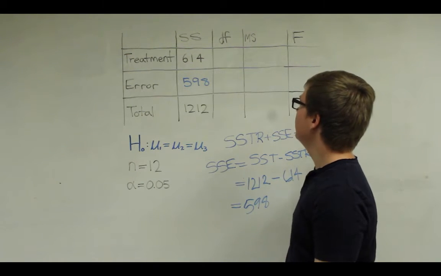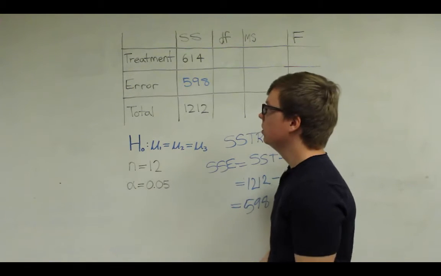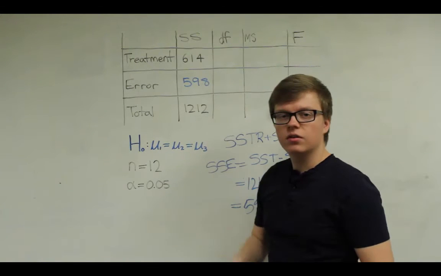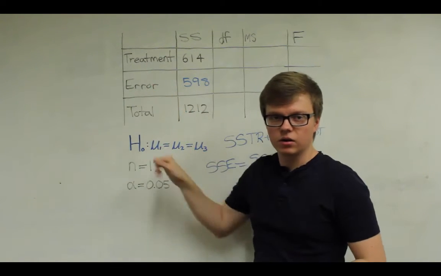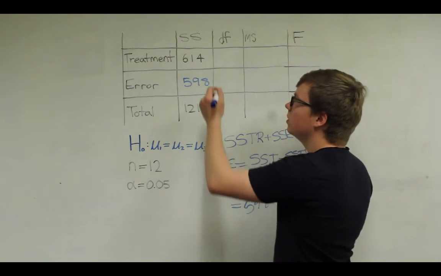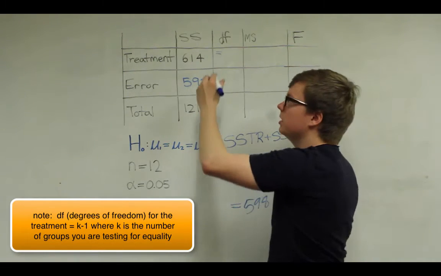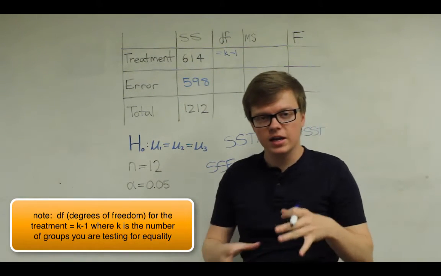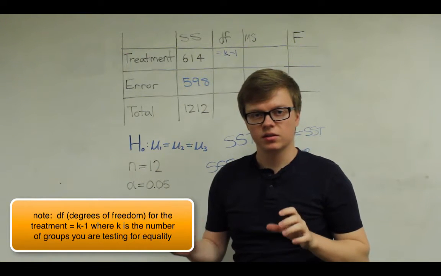The next column, we probably want to fill in is the degrees of freedom column. There are different values for degrees of freedom for the treatment, the error, and the total. Something important to know is that the degrees of freedom for treatment is k minus 1, where k is the number of groups that you're testing for equality.